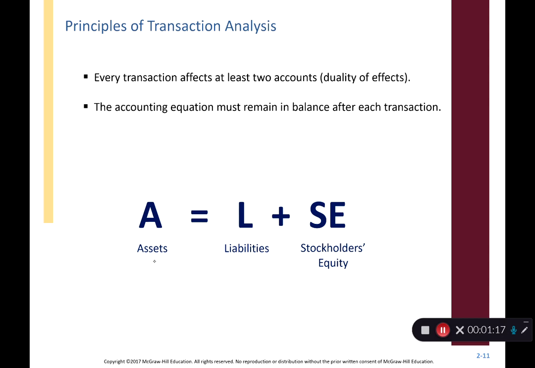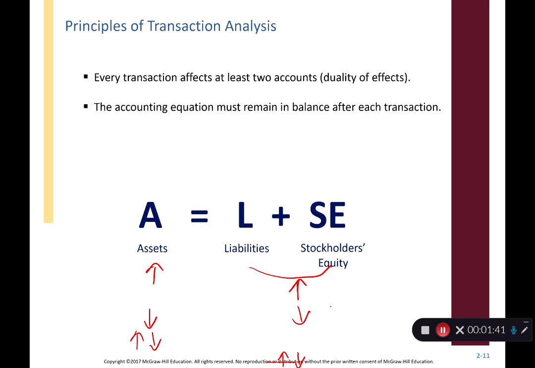So we can have either assets go up and liabilities and equity combined. One of them has to go up or both have to go up. We could have assets go down and then liabilities and equity go down. Or we could have a situation where we're up and down under assets or up and down under liabilities and equity.